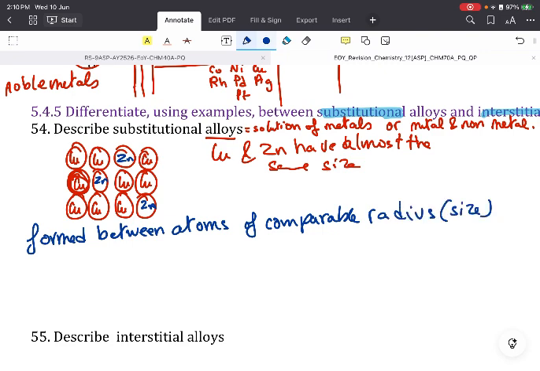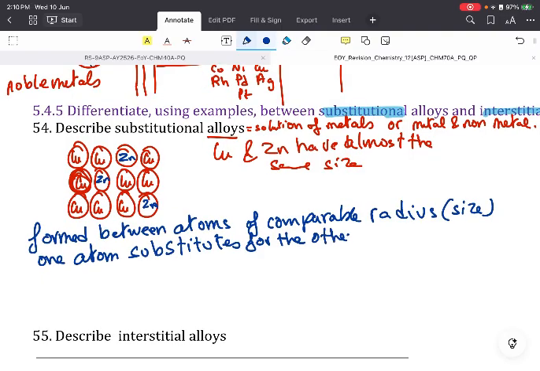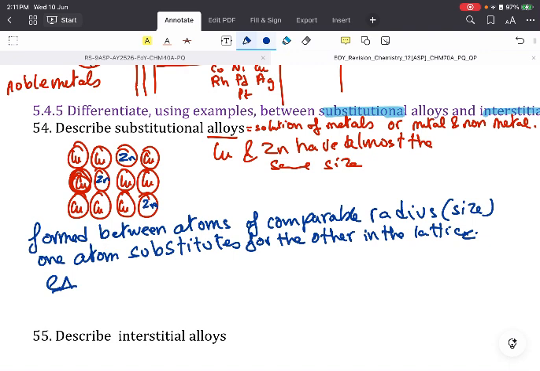One atom, like the zinc here, substitutes for the other in the lattice. A good example of a substitutional alloy is the example that I just gave, which is brass. It is a mixture of copper and zinc.